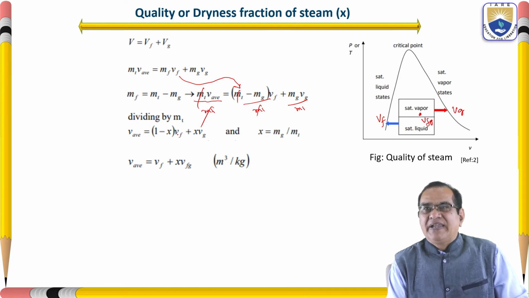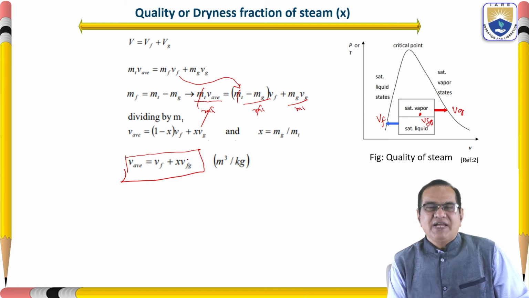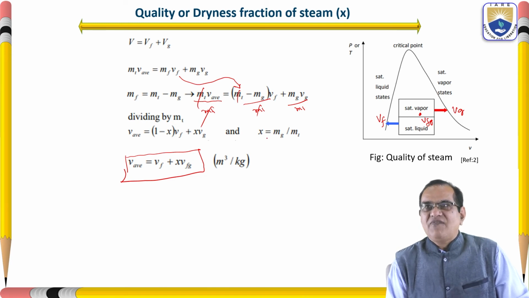So if you take out Vf here, we will get V average is equal to Vf plus x Vfg, and this Vfg you can get directly in the table. So V average is equal to Vf, the volume at here, plus volume at here into x.